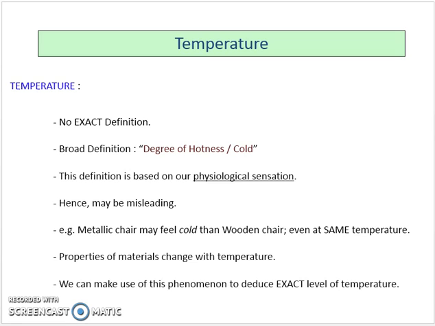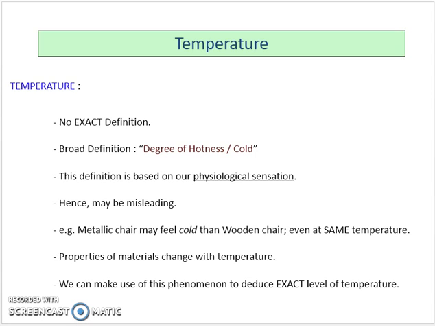Temperature is a very, very important property in thermodynamics or thermal engineering. There is no exact definition. The broad definition of temperature is the degree of hotness or coldness. This definition is based on our psychological sensation, hence it may be misleading. For example, a metallic chair may feel colder than a wooden chair even at the same temperature.